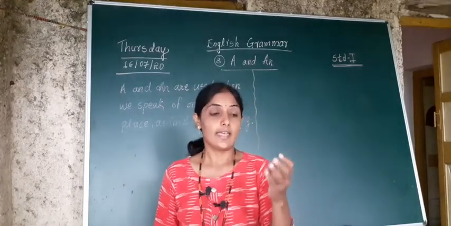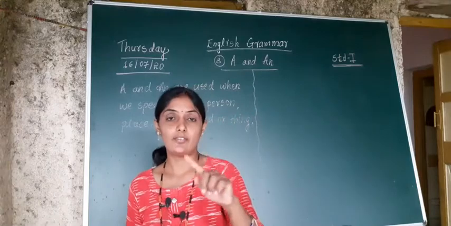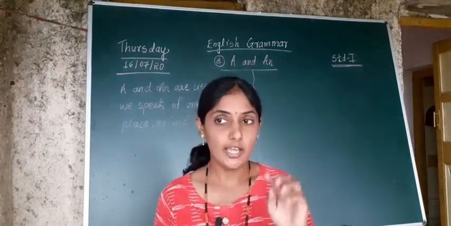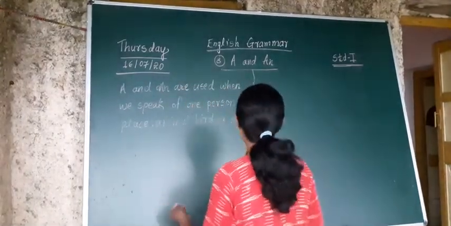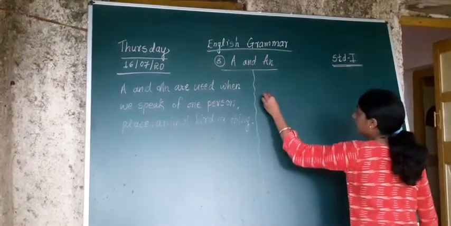Which are those? A, B, C, D, E, F, G, H, I, J, K. I'll just write down for you. Once again we will repeat alphabets.